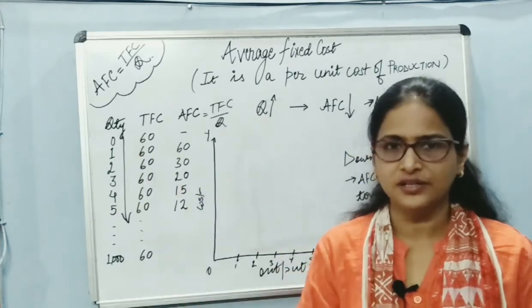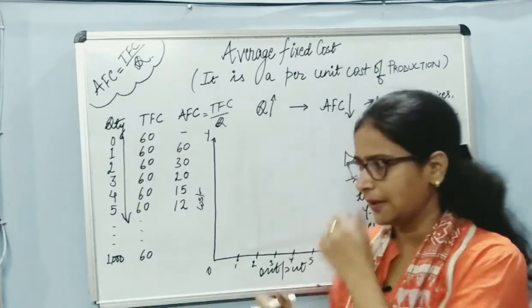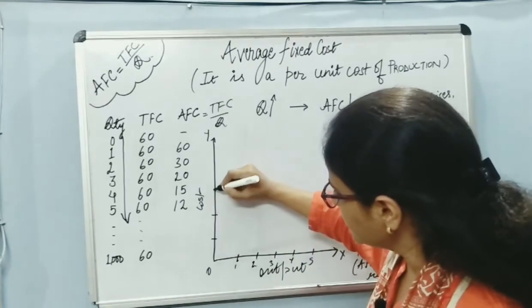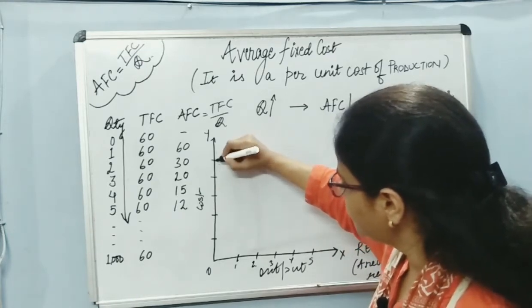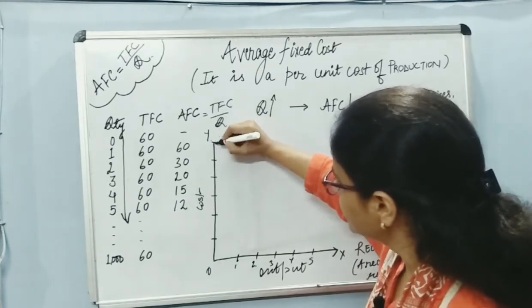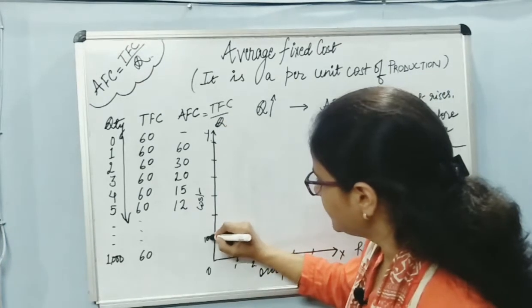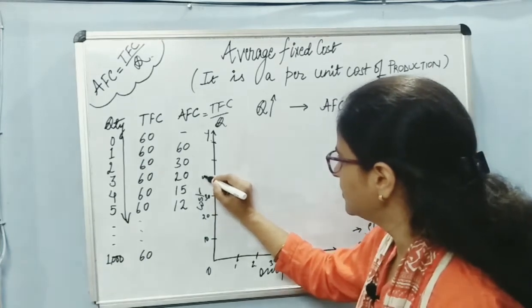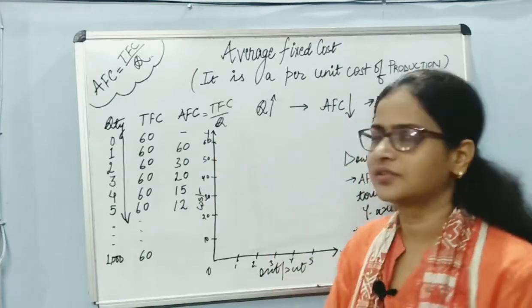And where you want to start is up to you. I'll start from 10. This is 10, 20, 30, 40, 50 and 60.